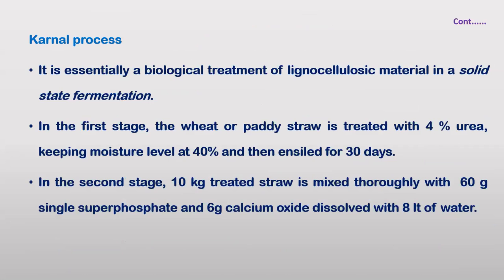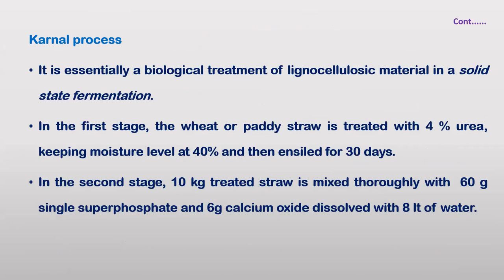The process is also known as the Karnal process, because this experiment was conducted at NDRI Karnal. It is essentially a biological treatment of ligno-cellulose by the application of solid state fermentation technology.